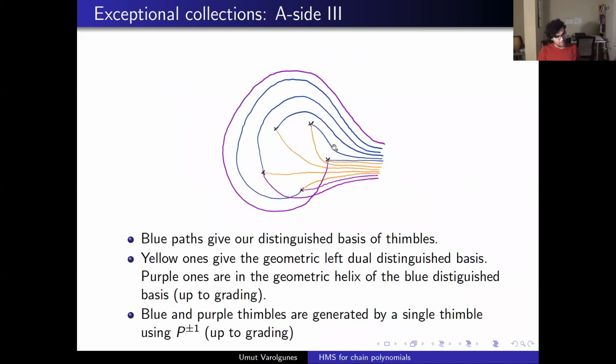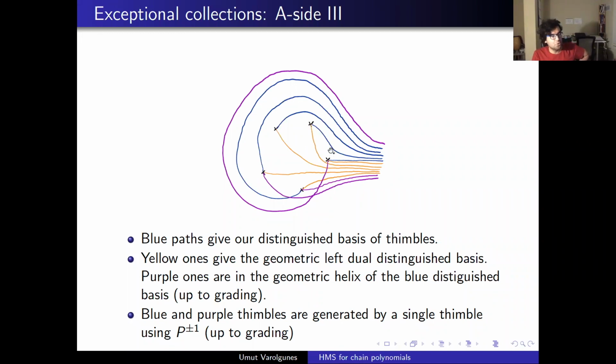So now, let's draw these 5 critical values again. I know that in order to compute anything, I have to choose this distinguished basis of thimbles. So I have to choose a path from each critical point which goes off to infinity in, let's say, a fixed direction, and no 2 of these paths should intersect.